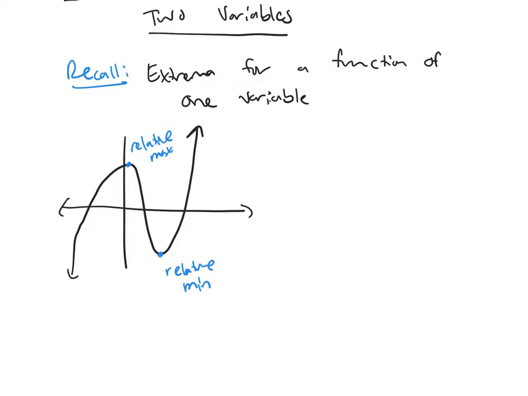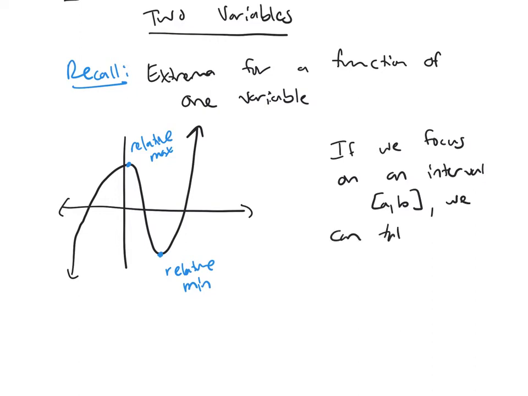But you also discussed focusing on an interval A to B. So if we focus on an interval A to B, we can talk about absolute maximum and absolute minimum.